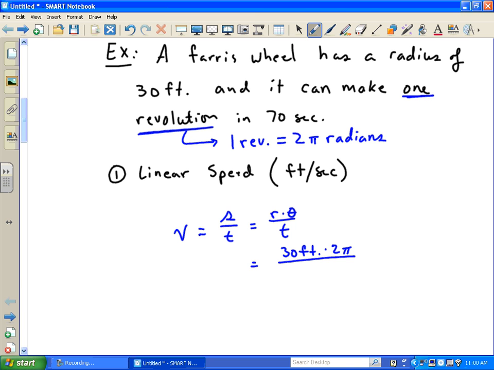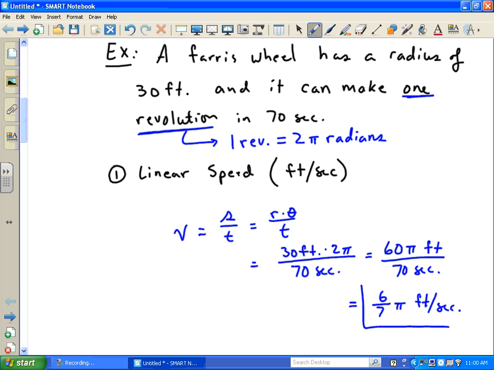Okay, the time was 70, and that was in seconds. So on the top, what I have is 30 times 2, that's 60, but I also have the pi there with it. So this is 60 pi feet divided by 70 seconds. Okay, that would reduce to 6/7 pi feet per second. And so that would be my linear speed.